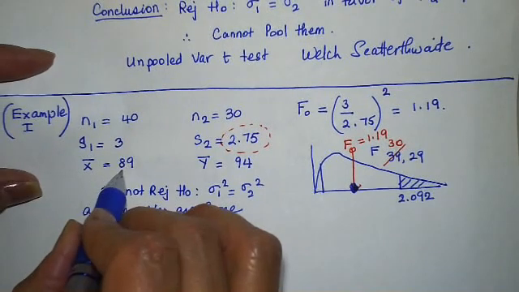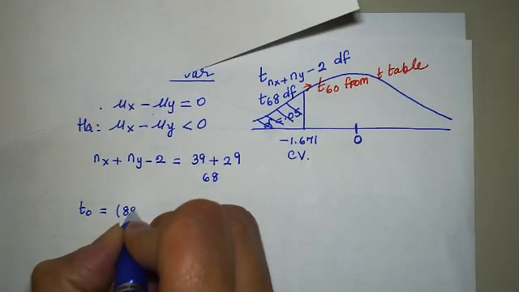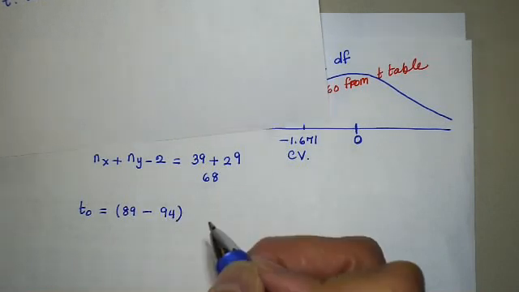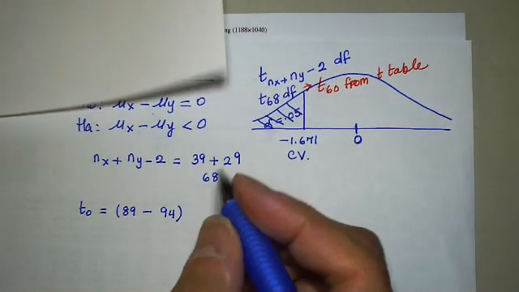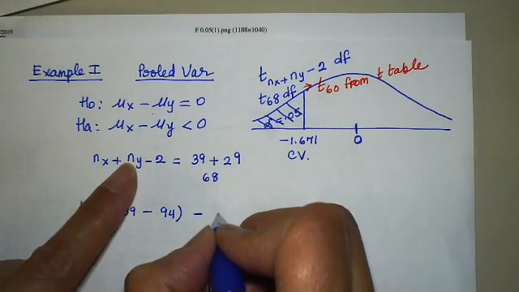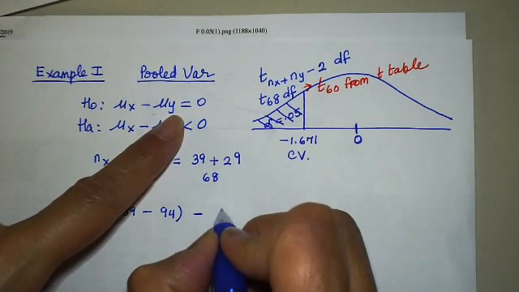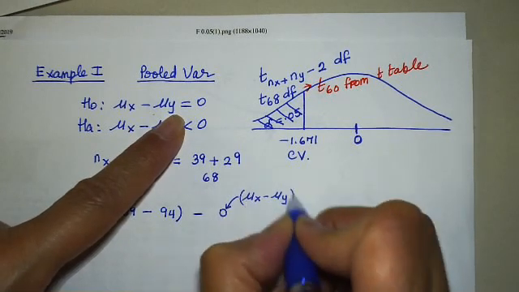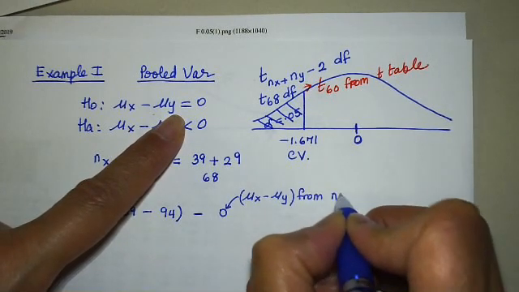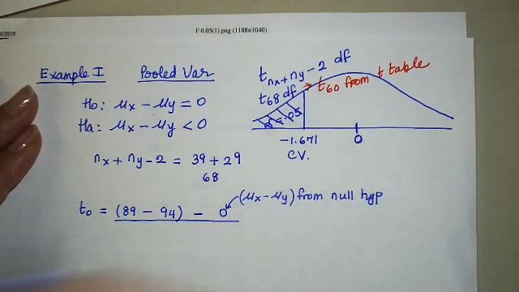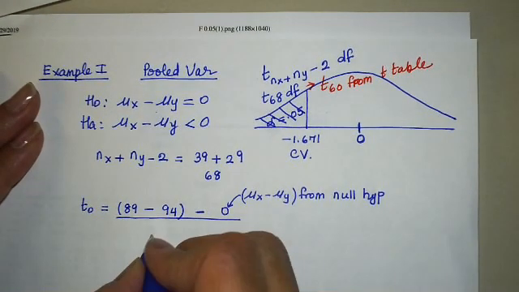Let's do the test statistic. T naught equals X bar, where are my numbers? Here are my numbers. So X bar is 89 minus Y bar is 94. X bar minus Y bar minus mu X minus mu Y from the null.